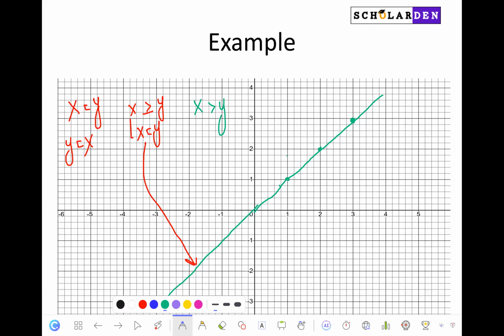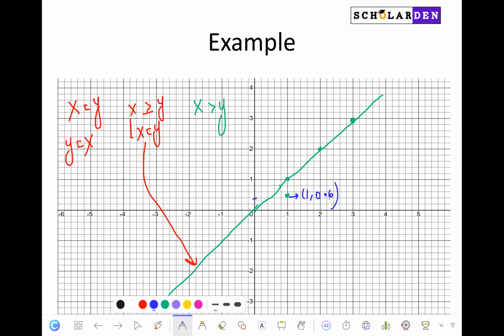Now, how do we find out? For example, let's take any point over here. For this point, the value of x is 1, but the value of y is around, let's say, 0.6, somewhere over here.